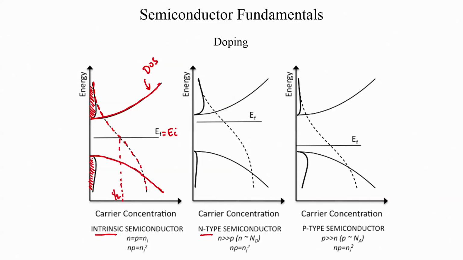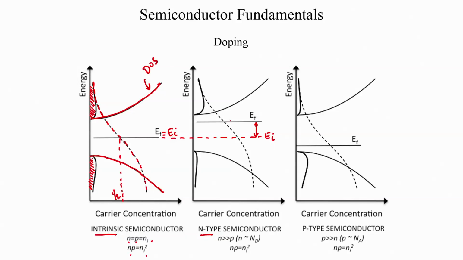This is the intrinsic case, where n is equal to p is equal to ni, np is equal to ni square. If you dope it n type, we have added a donor dopant, and let us say this is my imaginary EI, this was EI in the intrinsic semiconductor. By adding a donor dopant, we have increased the electron population and we have effectively moved EF closer to the conduction band edge, and it is located above EI.